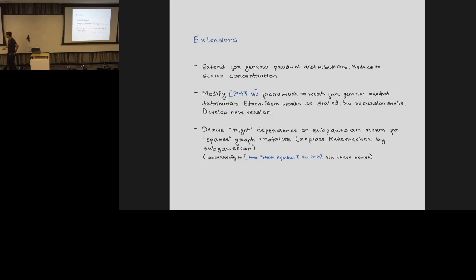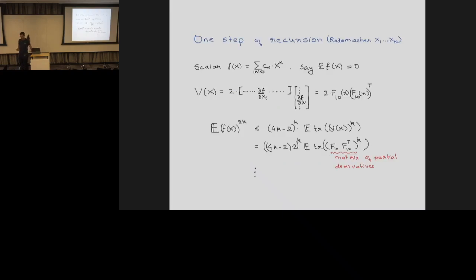Okay. Now let me say there are a few extensions. Can I say something about the results? So, do you know if the dependency on k on the right-hand side is kind of tight in some sense? Not sure, but I think the same sort of dependency also appears in the scalar Efron-Stein.